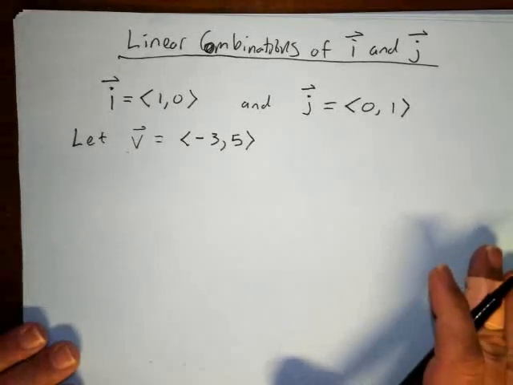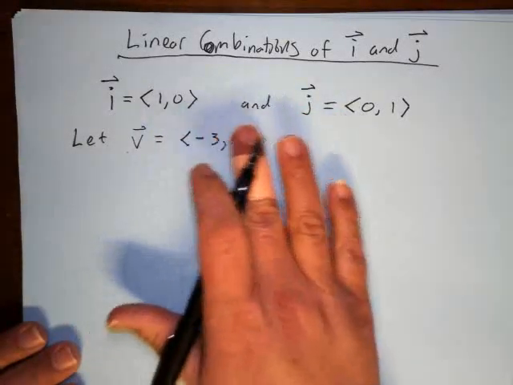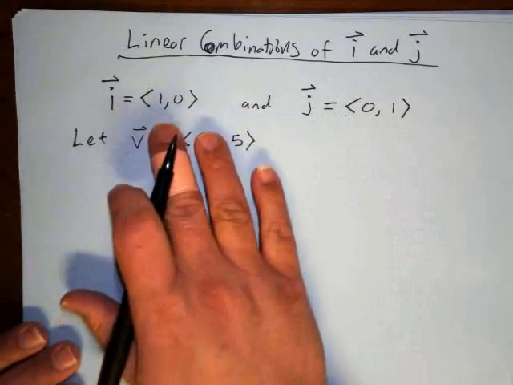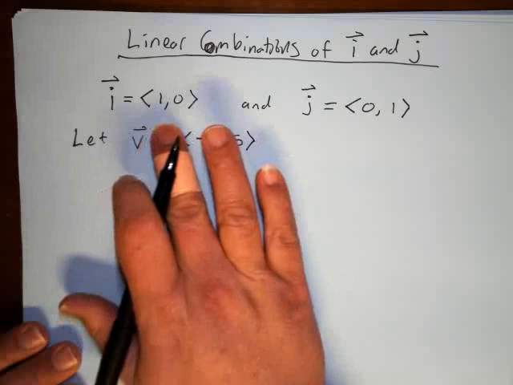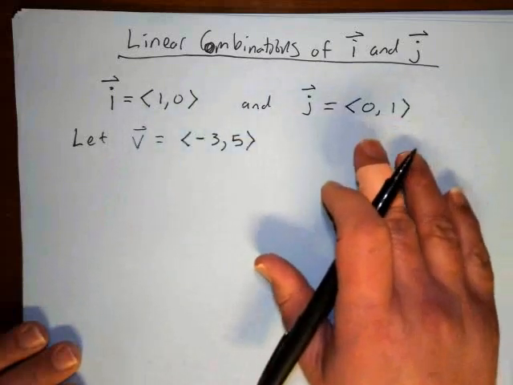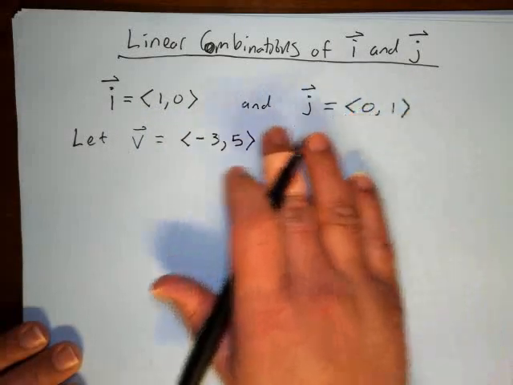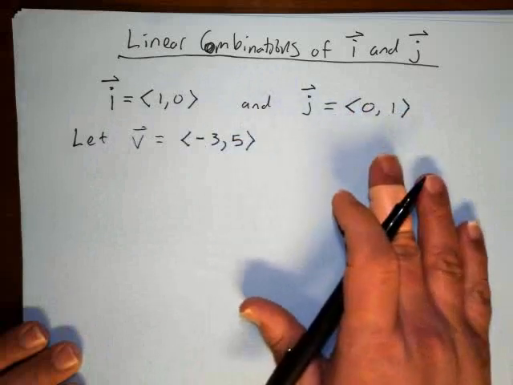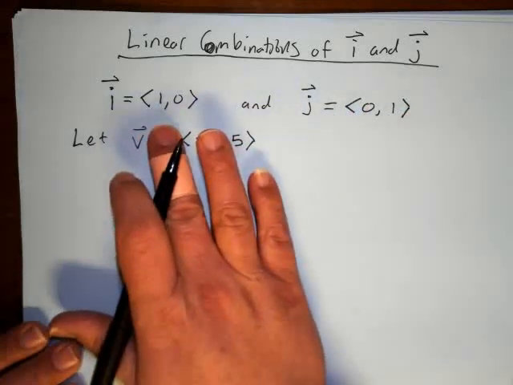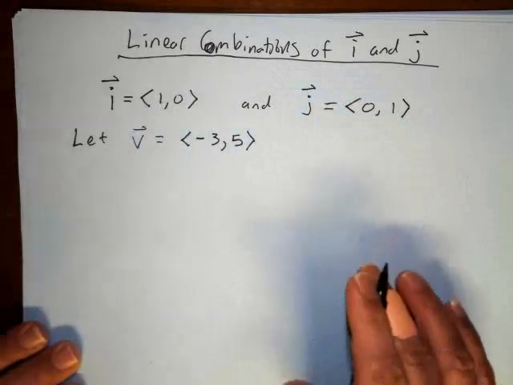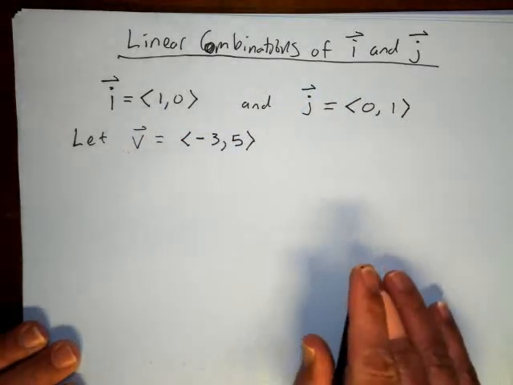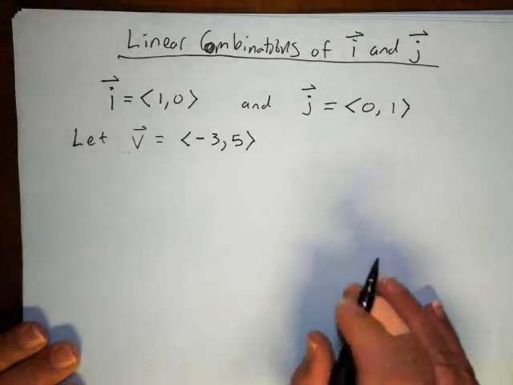So basically, i and j are just these two unit vectors, the horizontal vector from 0 to 1 and the vertical vector from 0 to 1. And we give them the names i and j: i for the horizontal vector, j for the vertical vector. And so let me show you what you can do here.